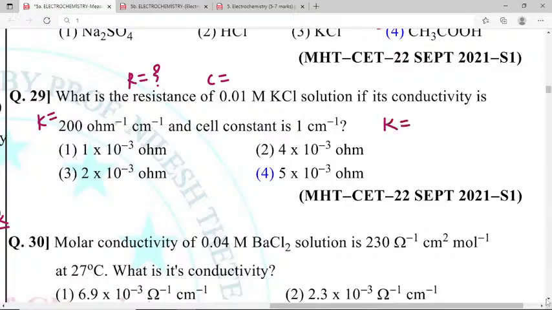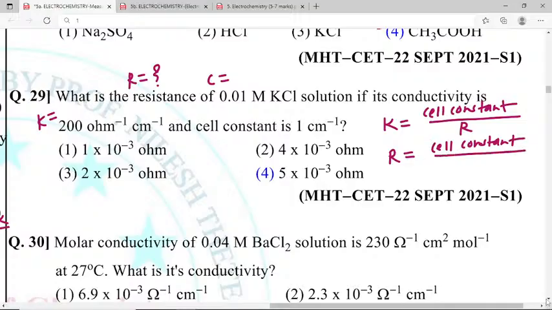Conductivity is equal to cell constant divided by resistance. So resistance is equal to cell constant divided by conductivity.